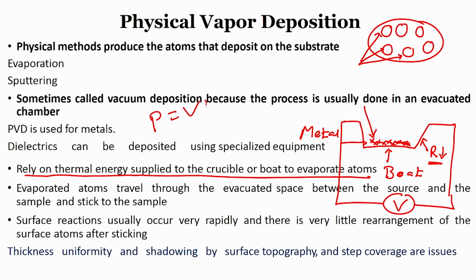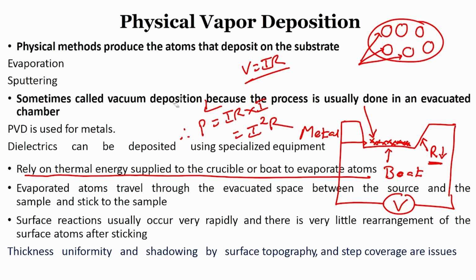P equals V I, V equals I R, therefore P equals I R into I, which is nothing but I square R. So, this will cause the boat to heat to a very high temperature because of the Joule heating.